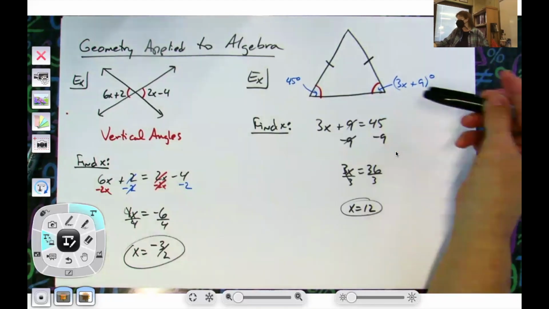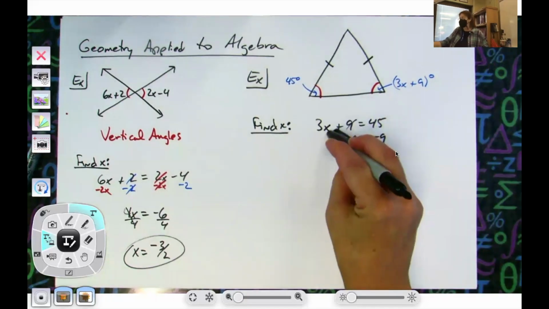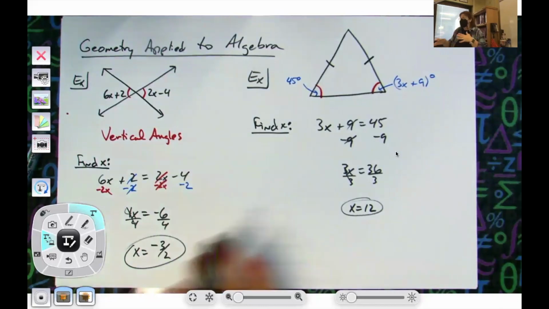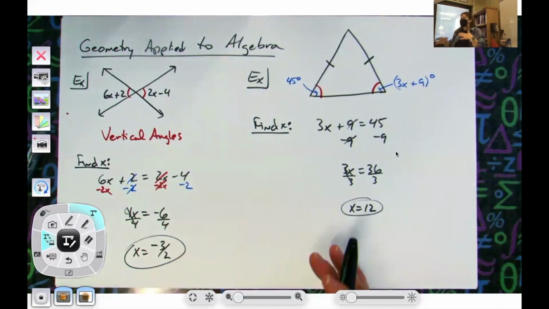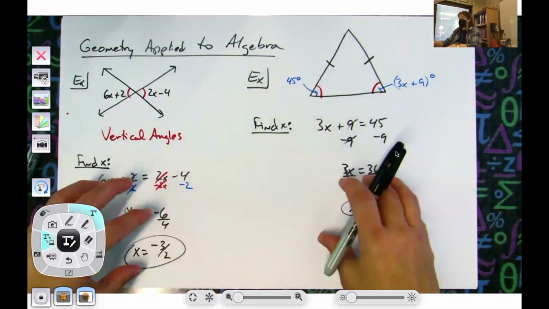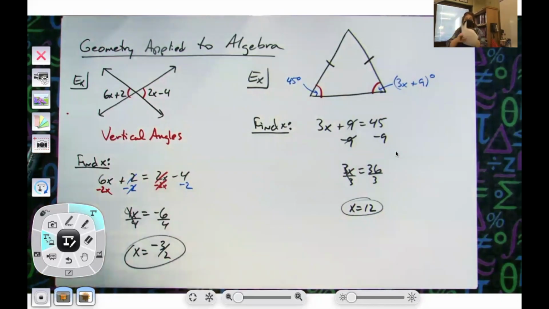So I can plug it back in the picture, or I could also plug it back in here and see if it makes the equation true. The Algebra 1 book that you're going through now is going to expect you to apply some concepts to previously learned concepts. So this is solving equations, but they're giving you the problem in the context of geometry, okay? And that's okay, you just have to apply.